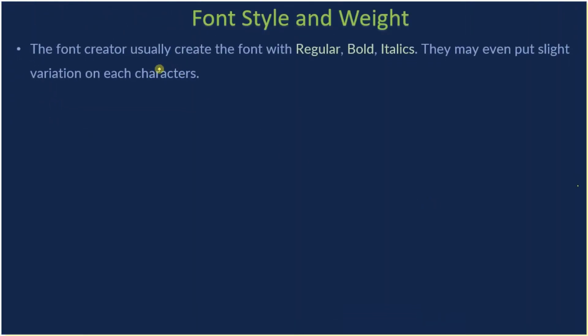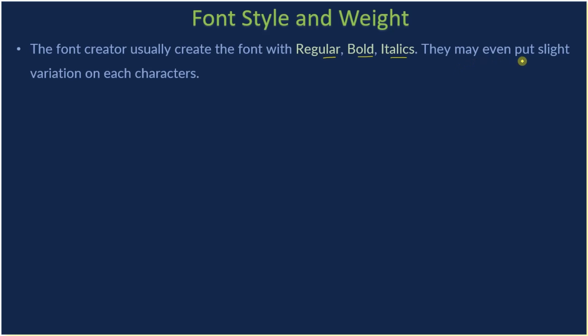The font creator usually creates the font with a regular, bold and italics type. So the font may be single, say for example, let's take Arial font. The creator will create how the font should render for a regular type or bold type or italic type.